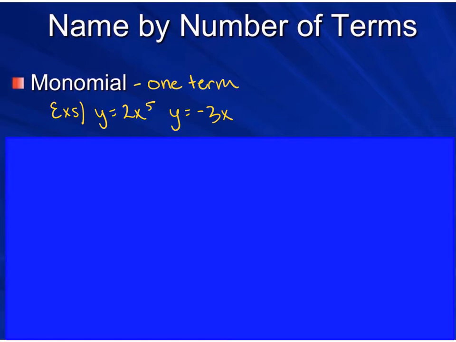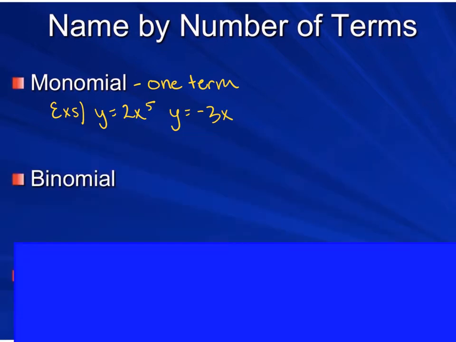Let's move on to the next one, which is a binomial function. A binomial, bi, has 2 terms, just like a bicycle has 2 wheels. An example of a binomial could be, let's put examples here, y equals -1/2 x to the 3rd minus 12.